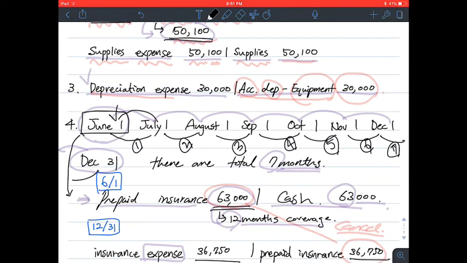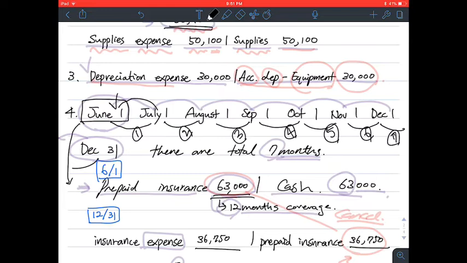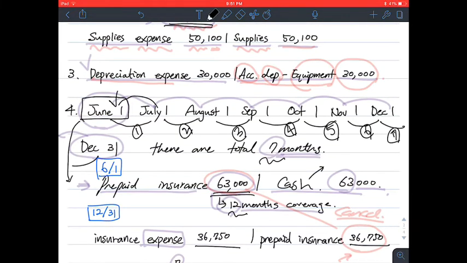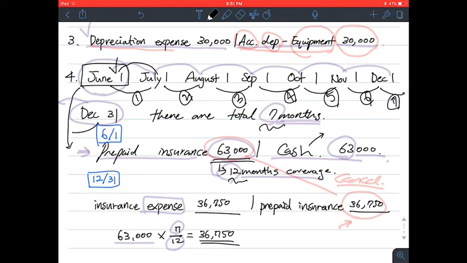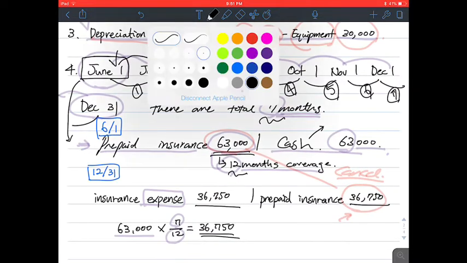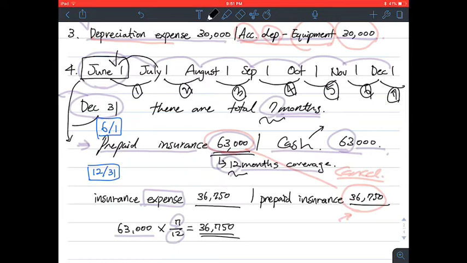Okay, so on June 1st, the company has already recorded that they have prepaid insurance as their asset, so they would debit prepaid insurance $63,000 and credit cash $63,000, or something else. It doesn't have to be cash. So $63,000 will cover 12 months, and we have already used 7 months. So we have to calculate the insurance expense and record it in our journal as an expense.